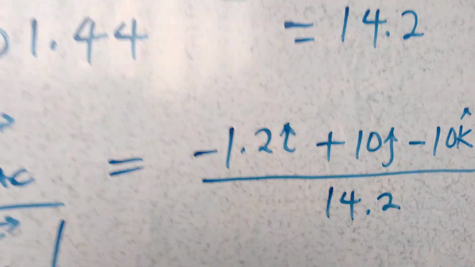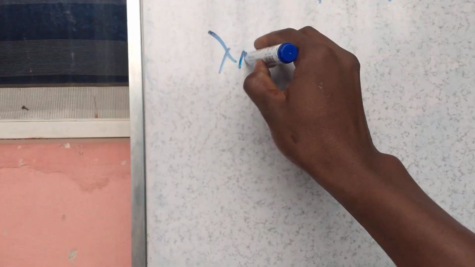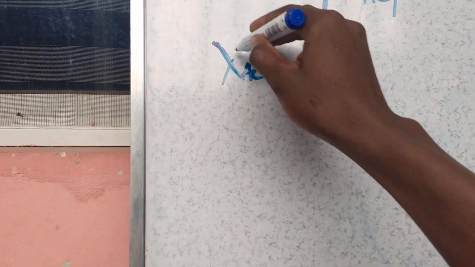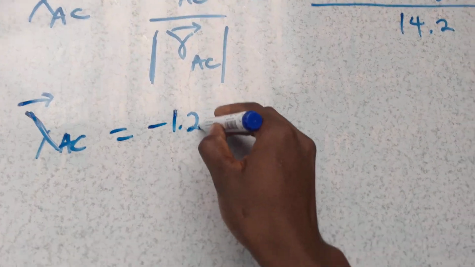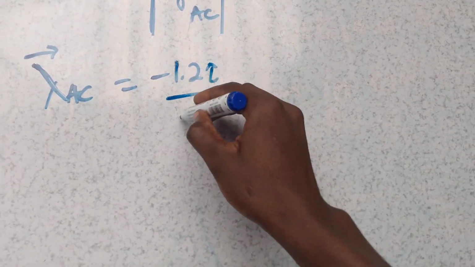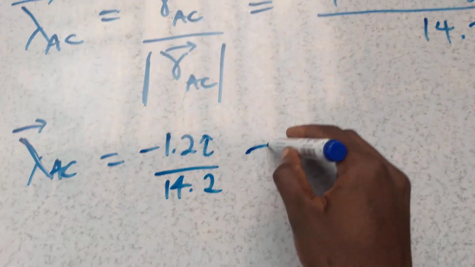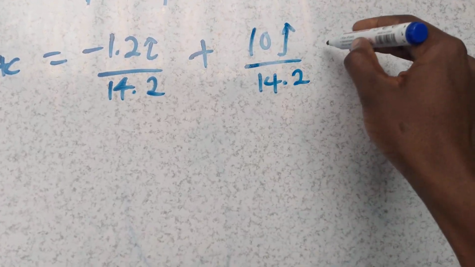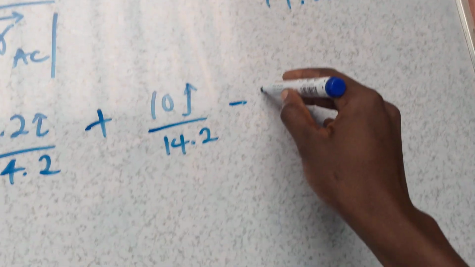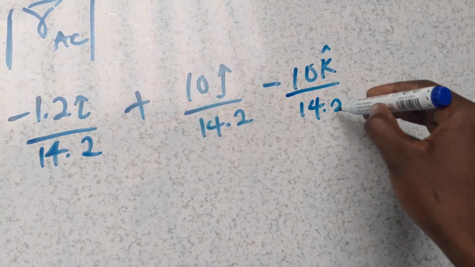If I separate them, lambda AC equals minus 1.2i divided by 14.2, plus 10g divided by 14.2, minus 10k divided by 14.2.